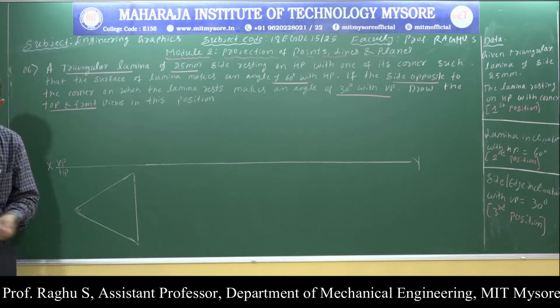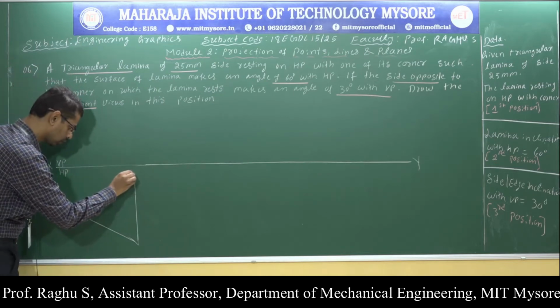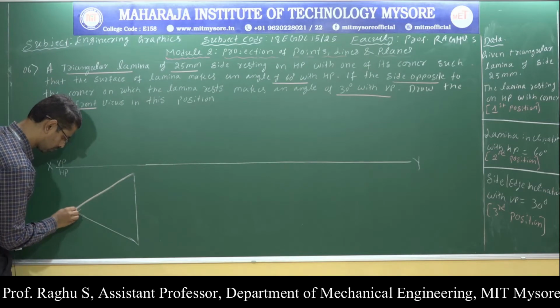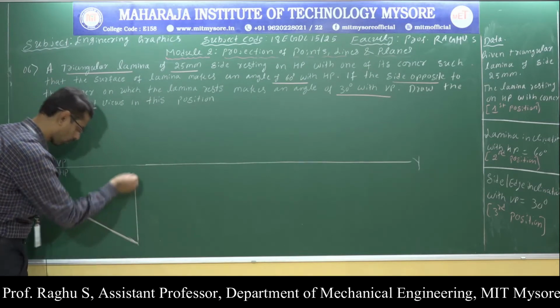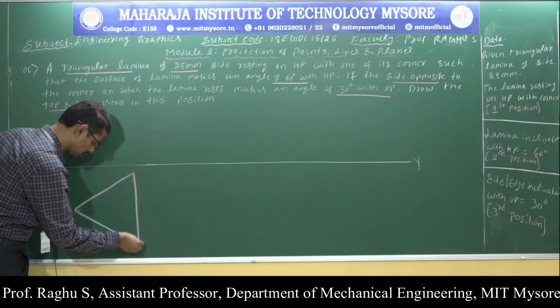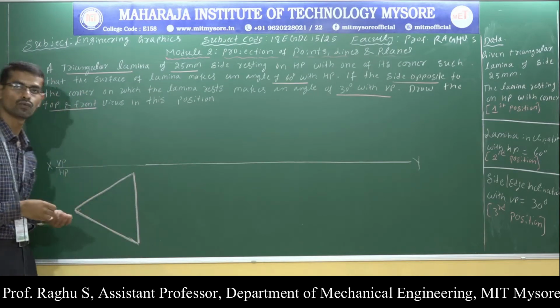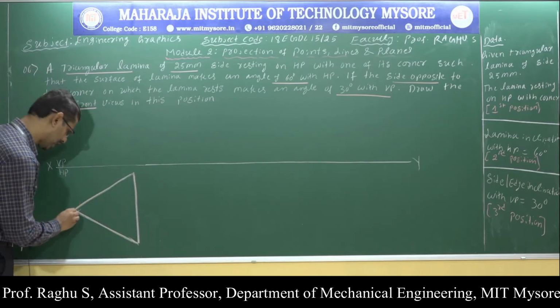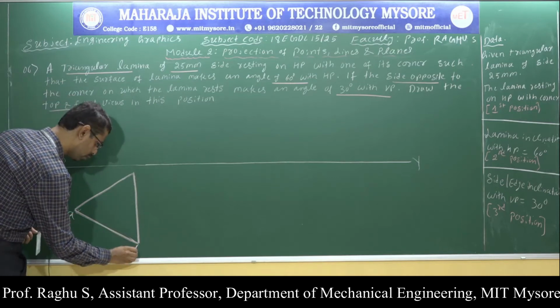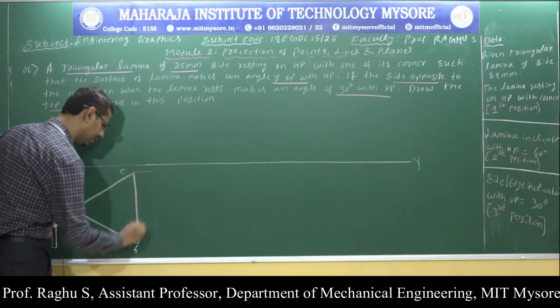Now make it dark, since this is the view, and do the naming: A, B, C. Indicate the dimension.